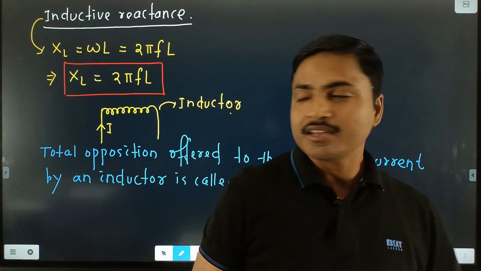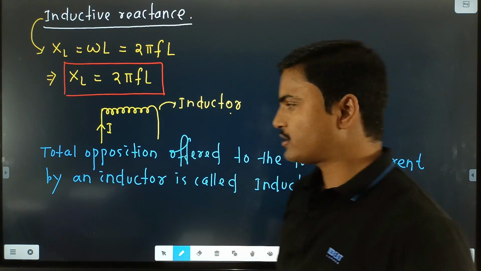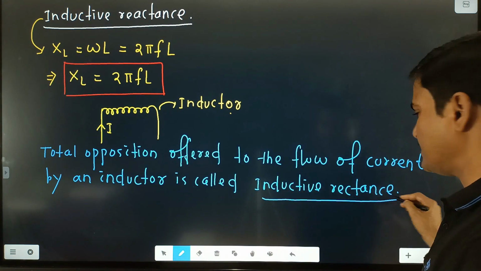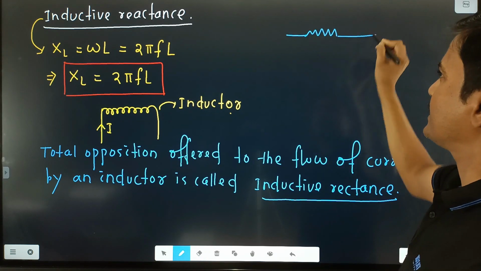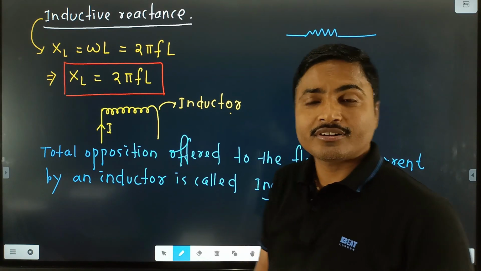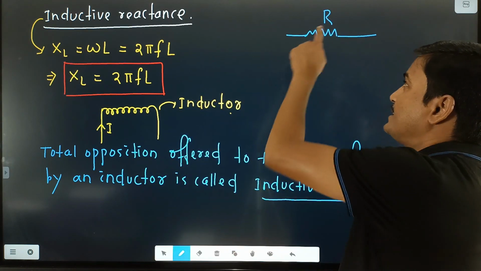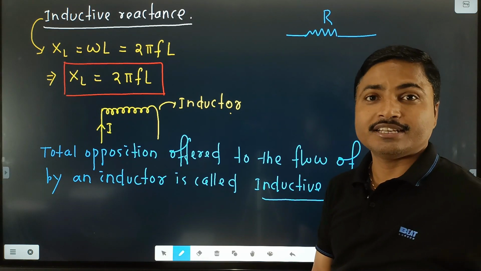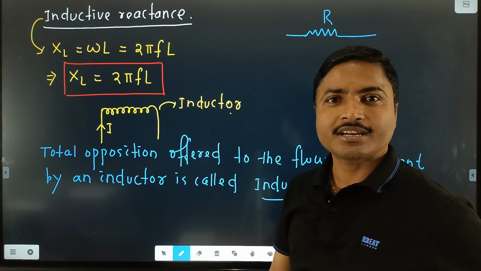That means in case of inductor, opposition is known as inductive reactance, but in case of a resistor, opposition to the flow of current, you know that is resistance. That means resistance in case of resistor is the same as inductive reactance in case of inductor, both are same.